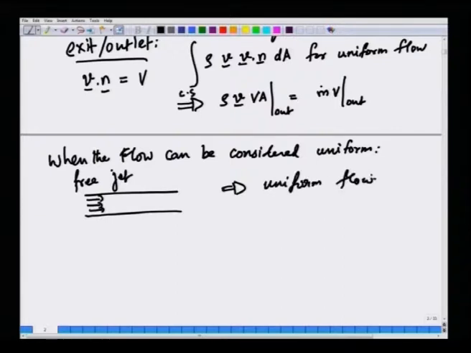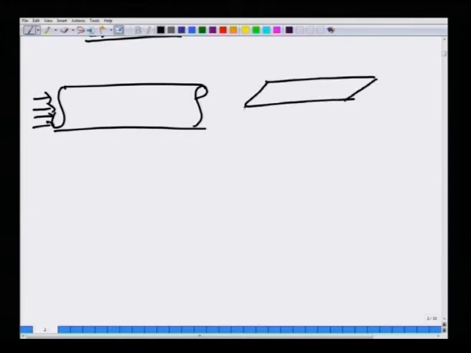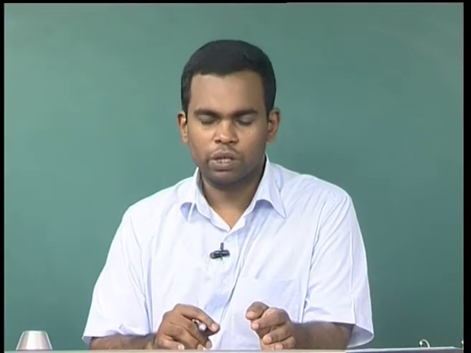But in many engineering applications, as we will see further in the course, you have flow within a pipe or within a rectangular channel, surrounded by rigid boundaries.